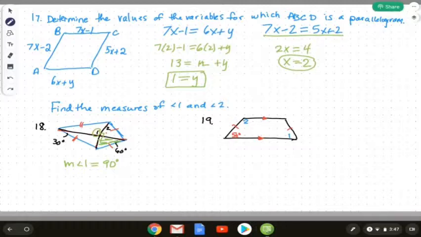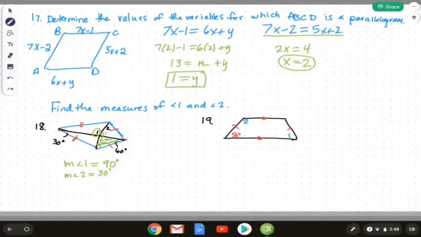But I can use the triangle that I've shaded in. They told me that 60 degrees was one of the angles, so I can figure out that the other angle that's missing here is 30. And if I know that's 30, then angle 2 is the same thing because those two triangles are congruent. Okay, and those are the only angles we had to find. All right, we move on to number 19.